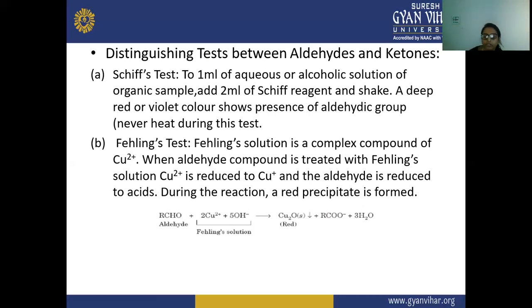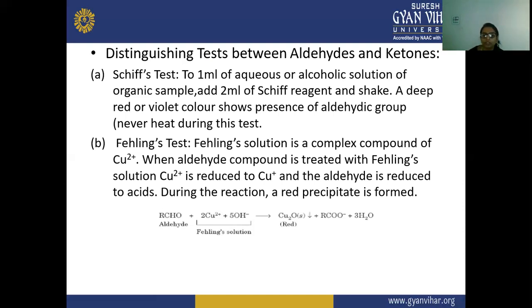So when this aldehyde compound is treated with the Fehling solution, the copper 2 plus is reduced to copper 1 plus, and the aldehyde is converted to acid, and during this process a red precipitate is formed.